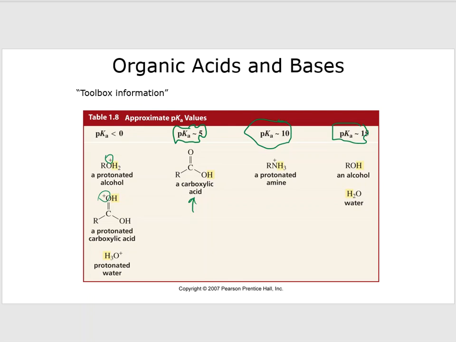If I take water and I protonate it, you're also going to see that in the very first column. And all of these protonated compounds are going to have a pKa less than 0. So those are superacids, and they're going to be spitting off protons whenever they can because they do not like that setup. They do not like that structure. They do not like that extra positive charge, and they're going to get rid of it whenever it's possible.